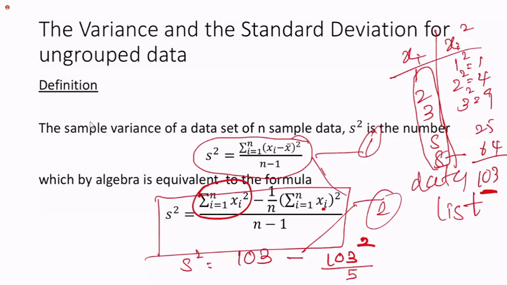And the whole part divided by n minus 1, 5 minus 1. You will get the same answer as with the first formula. So 103 minus 103 squared divided by 5, and the whole part divided by 5 minus 1. If you have this type of data list, you can use this formula as well. Understand?